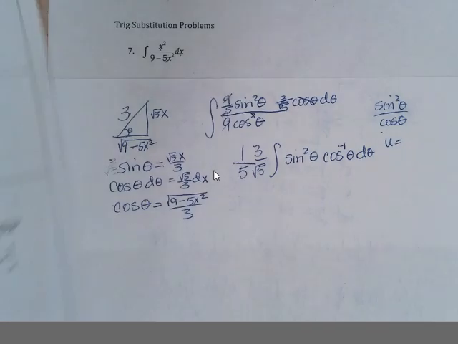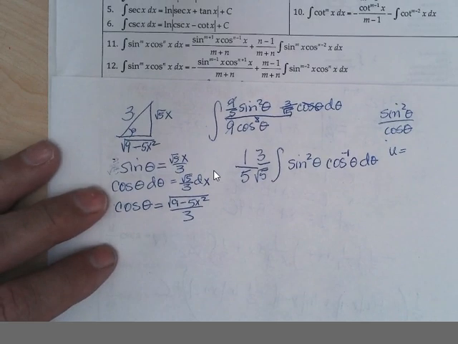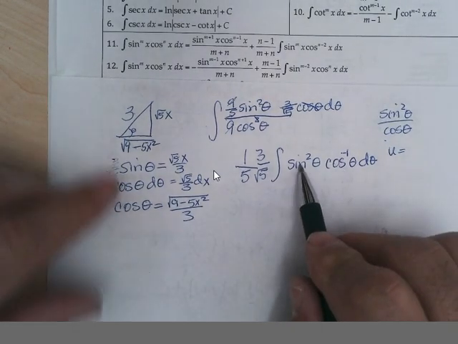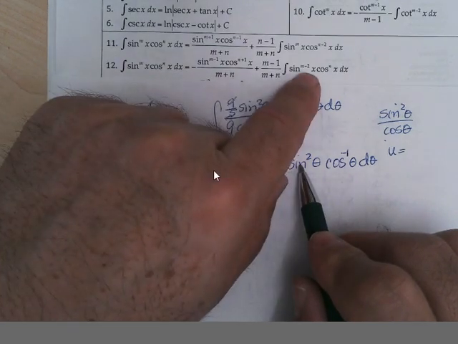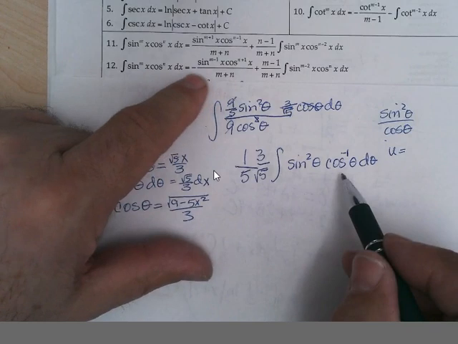And I'll show you how I can use a reduction formula on that. Now, I want the sine squared to disappear. So I'm going to do the one that lets the sine go down by 2. So that's what I'm going to use, this one.